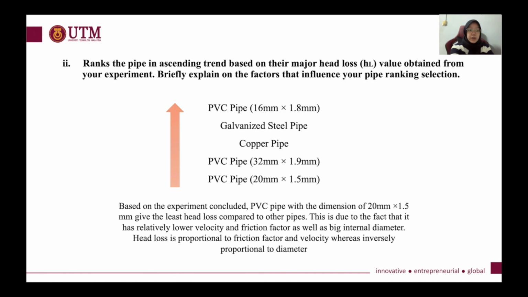Based on the experiment, PVC pipe with the dimensions of 20 mm times 1.5 mm gives the least head loss compared to the other pipes. This is due to the fact that it has relatively lower velocity and friction factor, as well as a big internal diameter. Head loss is proportional to the friction factor and velocity, whereas inversely proportional to the diameter.